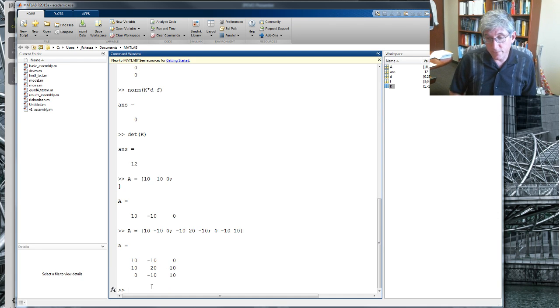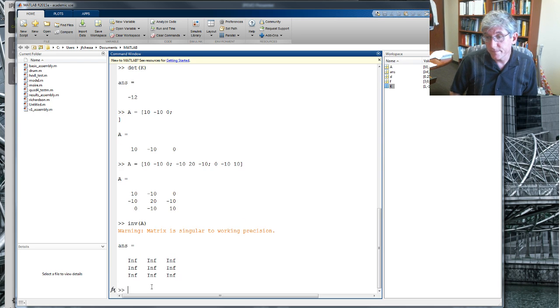If you try to find the inverse of this, it'll tell you it's singular. It says, warning, matrix is singular to working precision, which means that there is no inverse that exists for that matrix. That also means that there's no unique solution, as we'll talk about in some other videos.